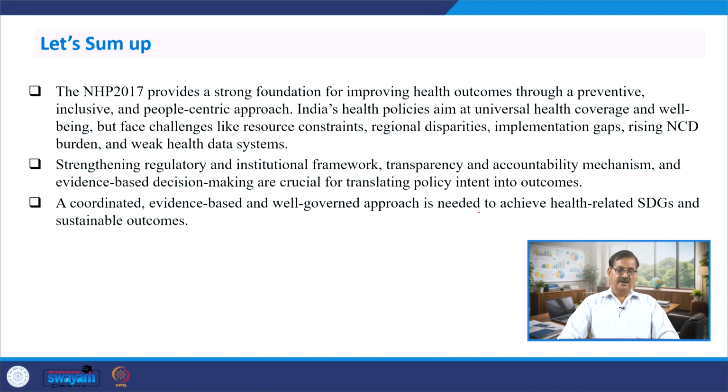Strengthening the regulatory and institutional framework, transparency and accountability mechanisms, and evidence-based decision making are crucial for translating policy intent into policy outcomes. And finally, we need a coordinated, evidence-based and well-governed approach to achieve health-related sustainable development goals and sustainable outcomes.